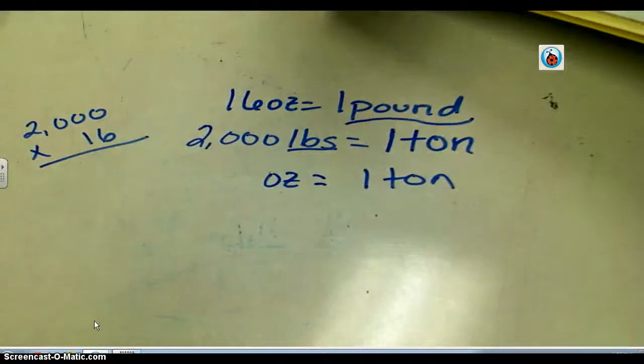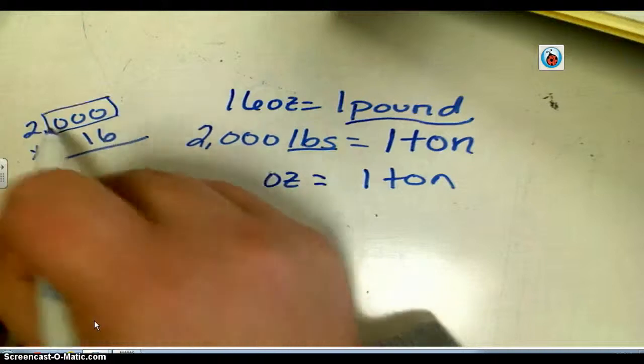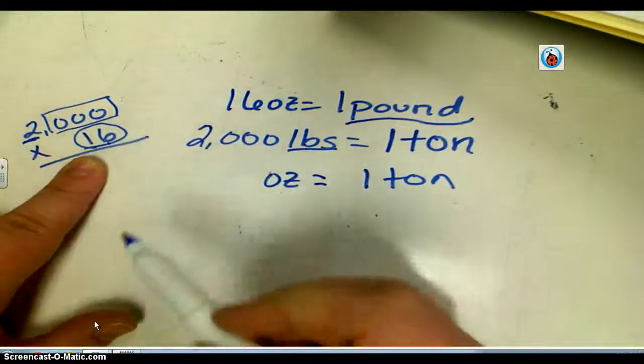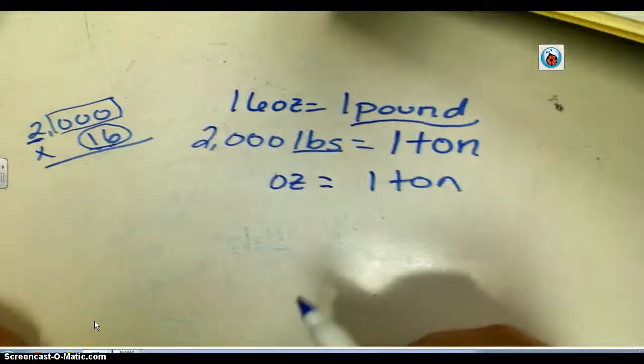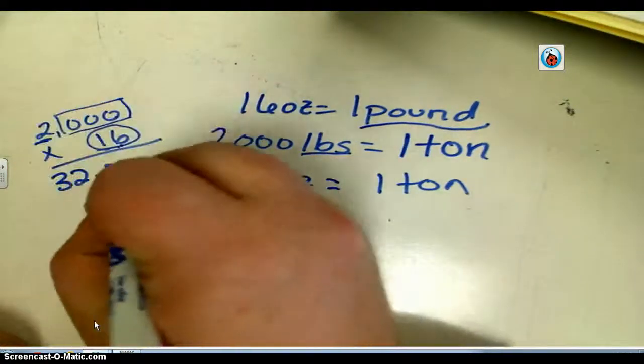Can anybody tell me a shortcut how to do this? Derek, are you with me? Emma? 2 times 16 is 32, and then I add 3 zeros. She knows that since I have a power of 10 here, I could just multiply this whole number 16 times my digit out here 2. 16 times 2 is 32, and then I'm going to add 3 zeros.